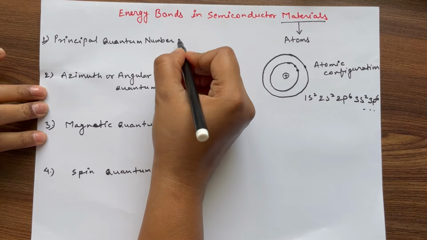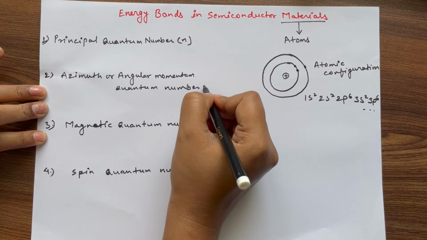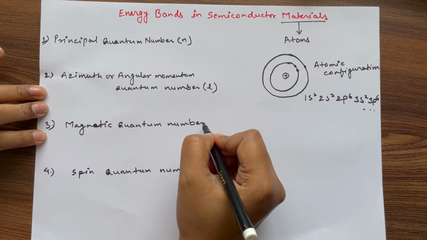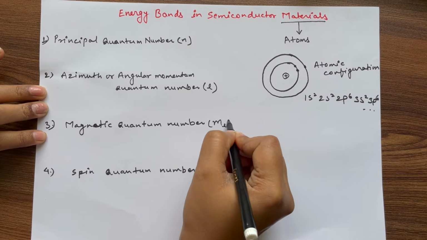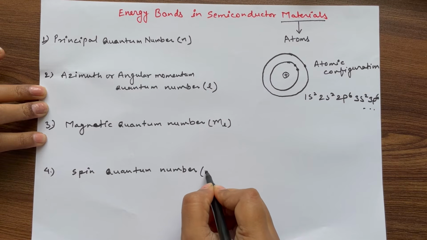The principal quantum number is denoted by n, the azimuthal quantum number is denoted by l, the magnetic quantum number is ml, and the spin quantum number is ms.